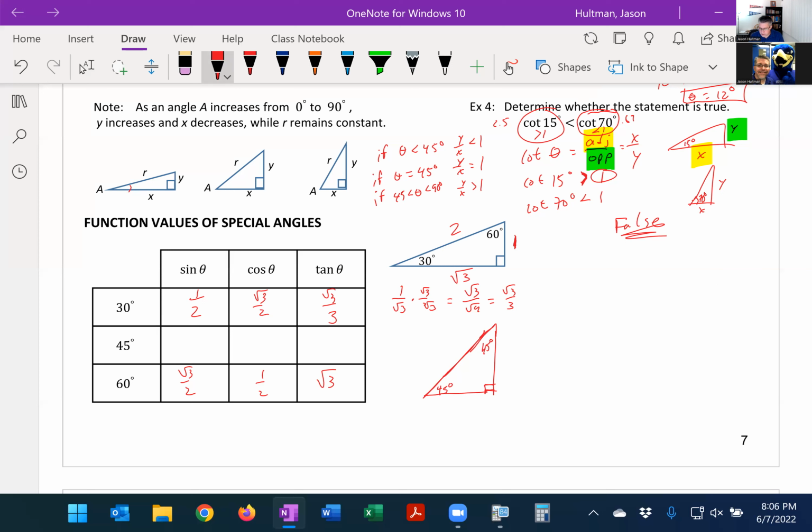There's a theorem in geometry that says opposite sides correspond to opposite angles. So if you have angles that are the same, then the sides opposite them have to be the same. So I'm going to let this be 1, this be 1, and this be radical 2.